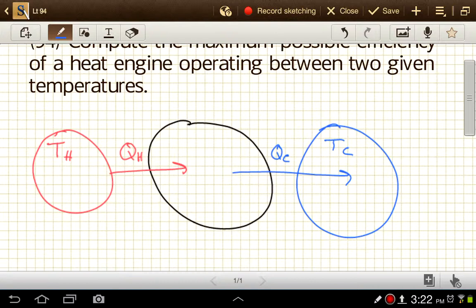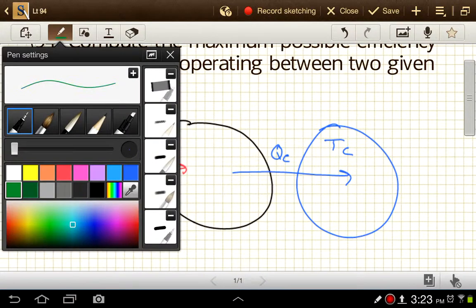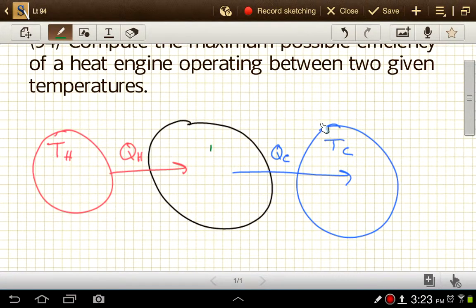Now, we have a certain amount of heat entering this system and a certain amount of heat leaving this system, and we design these things so that more heat enters than leaves, but we keep our system at a roughly constant temperature by having our system do work on the outside world.